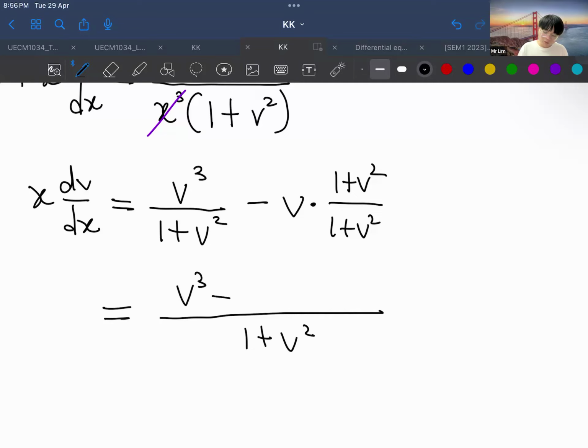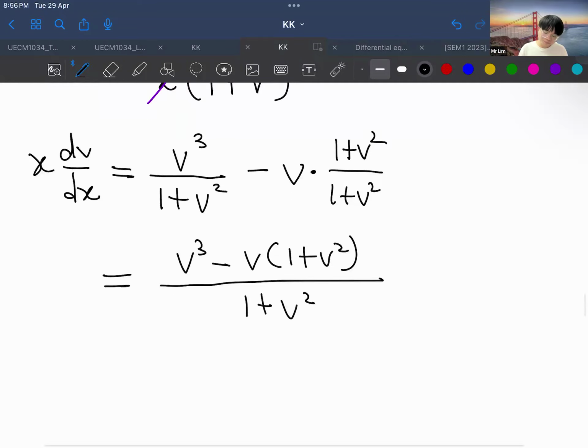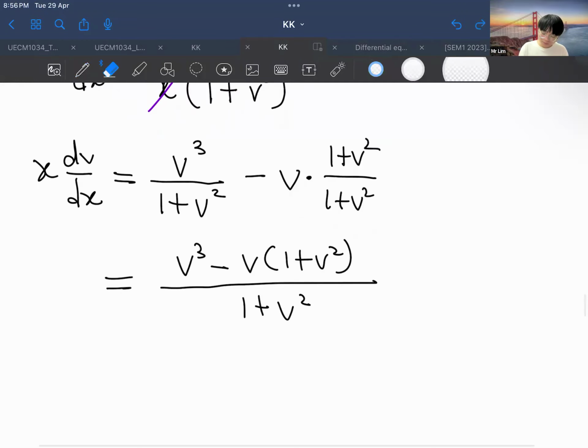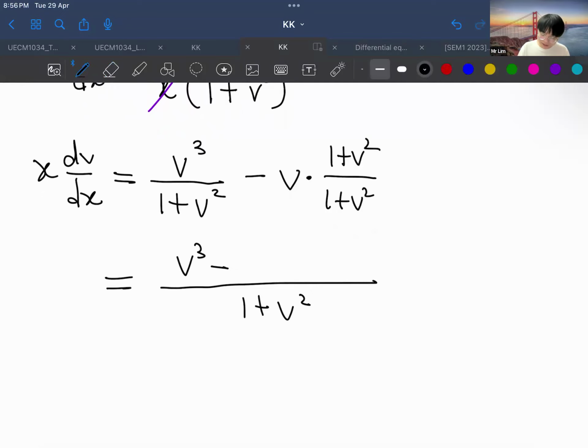So you have v cube minus v times 1 plus v square. I just write out the answer. V times this one. Remember that it is like a bracket. Okay. So minus v cube together with a negative also, don't forget.